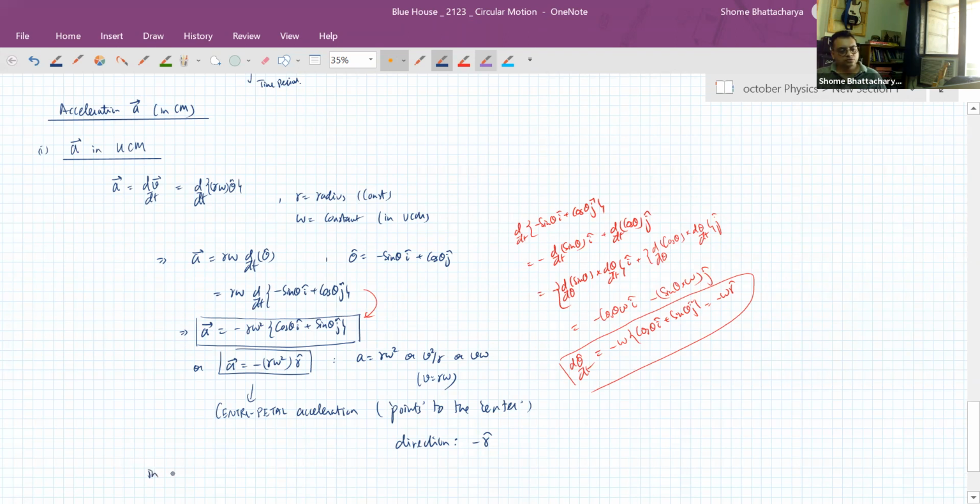So in uniform circular motion, the acceleration vector points to the center at all times.